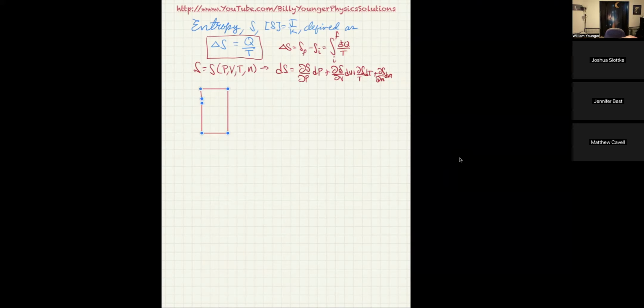That's not really a good square. That's really aggravating. Let's see. There you go. That's a good one. Never mind, I can just erase it this way.